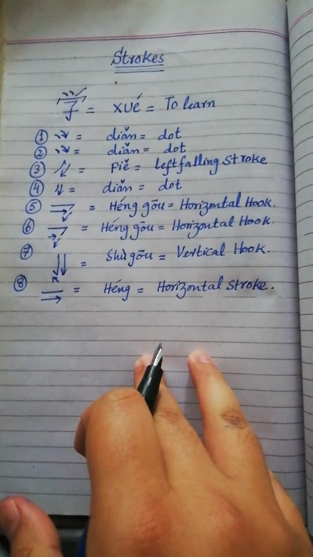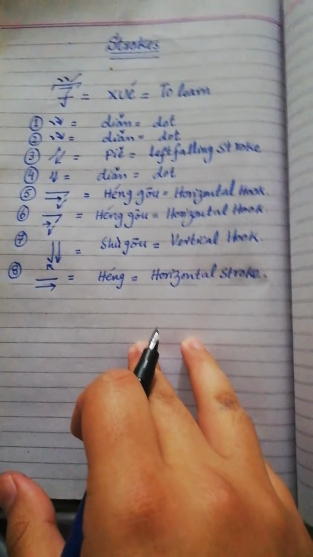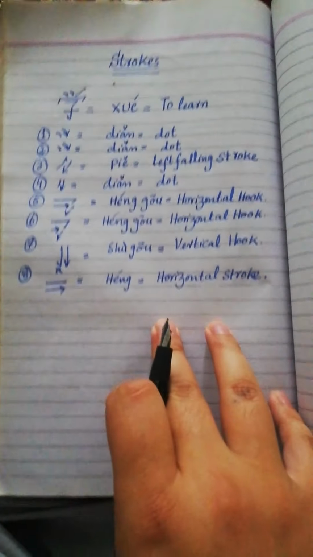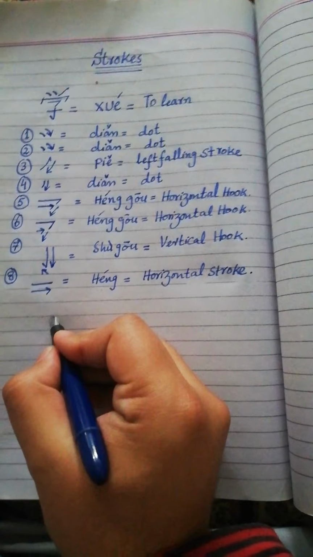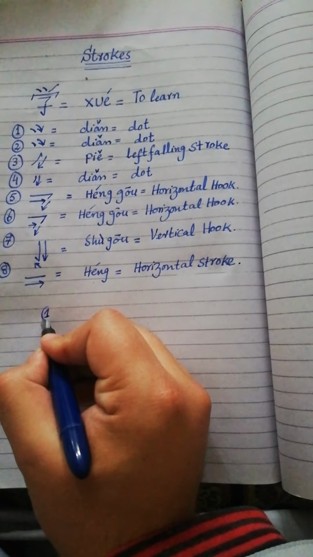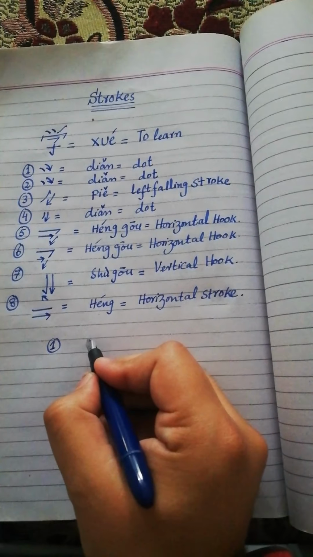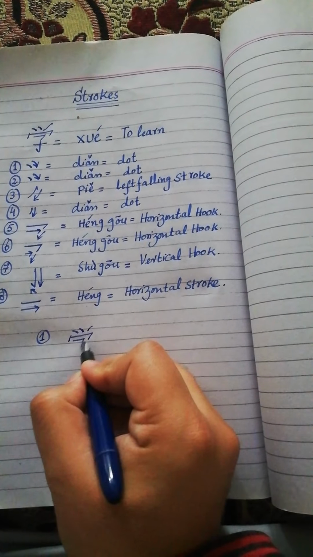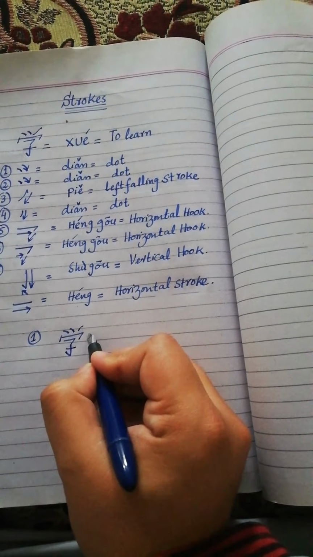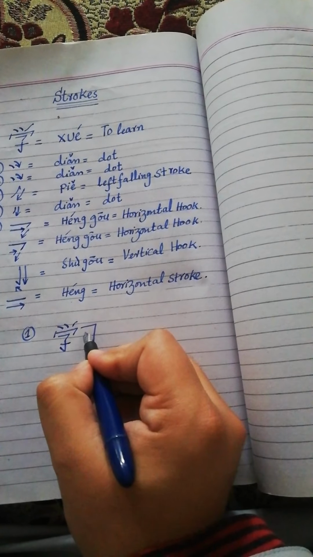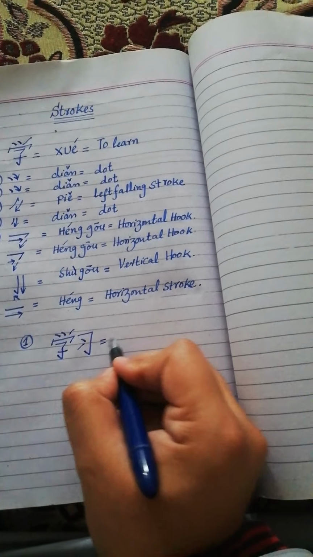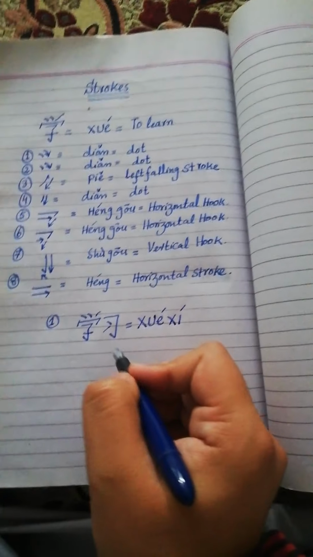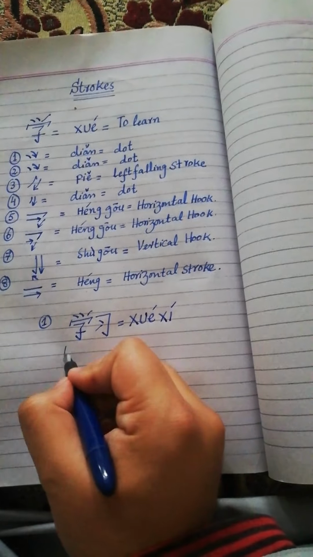So we learned today that the character 学 consists of 8 strokes, and this character is also associated with the other characters we will learn in Chinese. 学习 means to study.